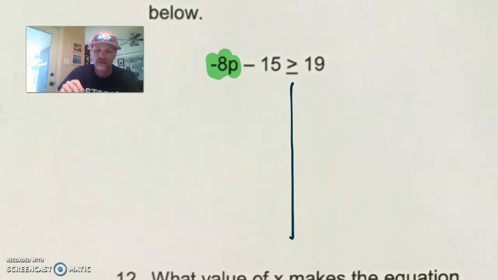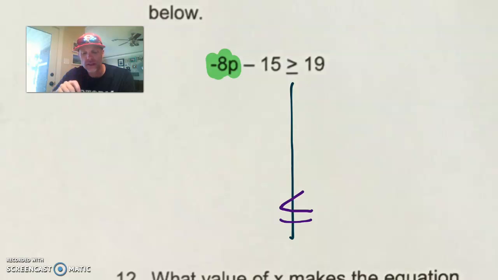So that means the sign is going to have to flip. So I do it now. I flip it now so I don't forget later. So my answer will just end up down there. So I'm already done with the sign flipping thing.